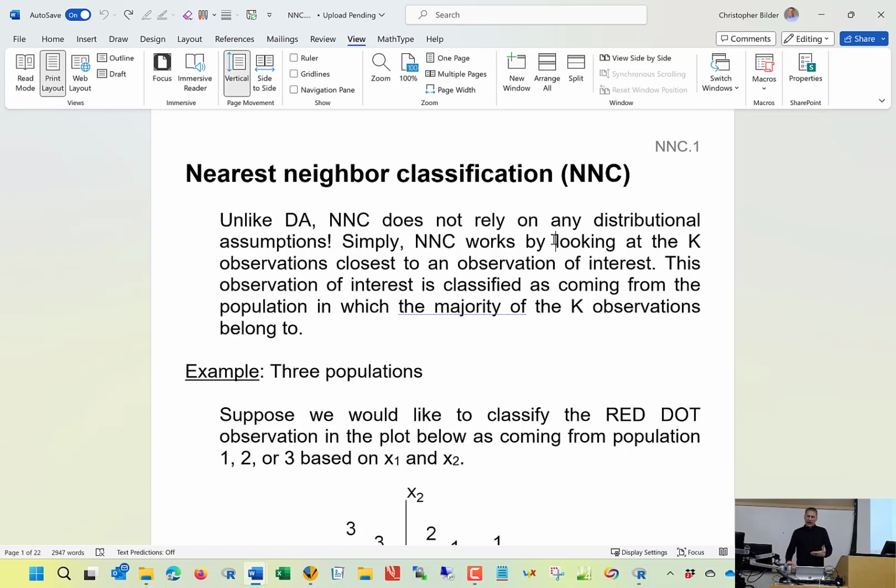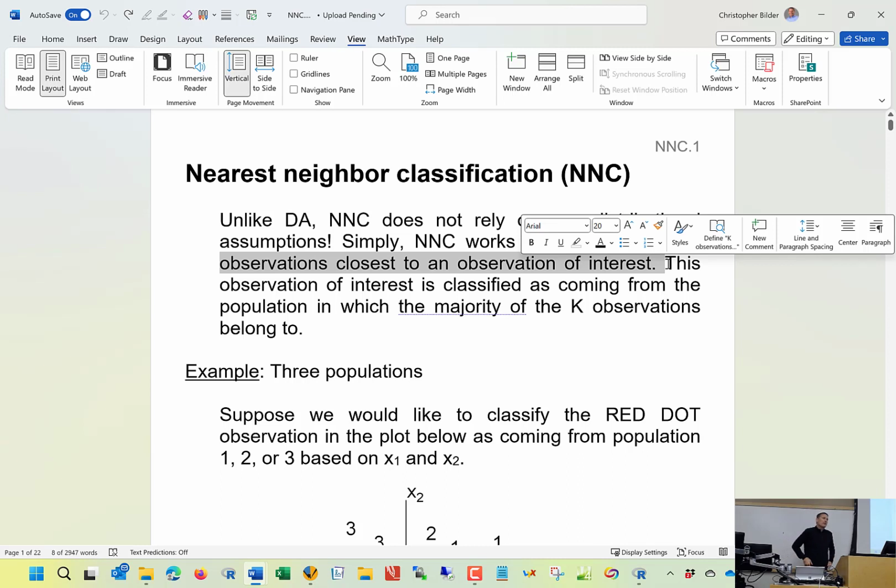And this method is actually very intuitive. Let's say you have a particular observation and you want to know, okay, should I classify this into group 1 or group 2? Suppose we just have 2 groups for now. You might be thinking, okay, how about we look at some observations that are really nearby our observation of interest, and we look at whether those other observations were from group 1 or group 2?